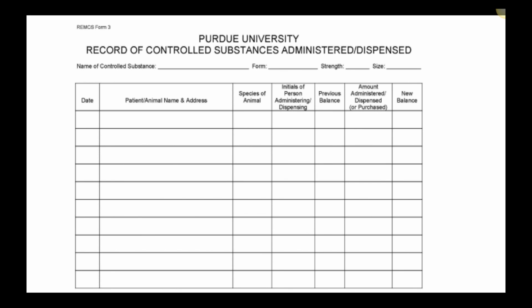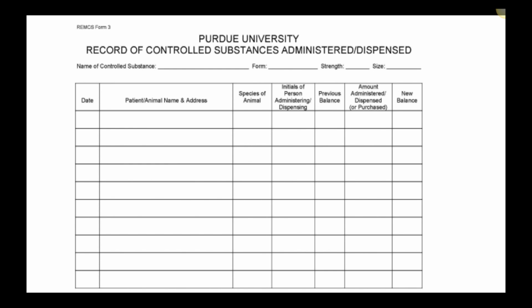So essentially you have the name of the controlled drug, the form, the strength, and the size of the bottle or vial. And then every single time we use a controlled drug, we need to identify the date, patient, animal, name and address. So we have to have the patient name and the client name. Sorry, this is human. No, it's not. Silly me.